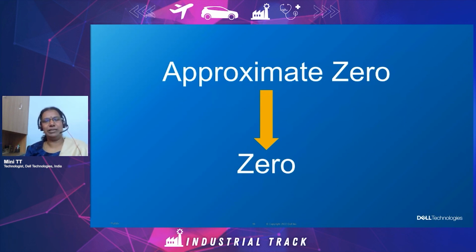We still have not moved away from the concept of implicit trust. We still have this trusted computing base which we implicitly trust. So I would still call it approximately zero trust. Can we move closer to zero? That is when we call it zero trust in its true sense.